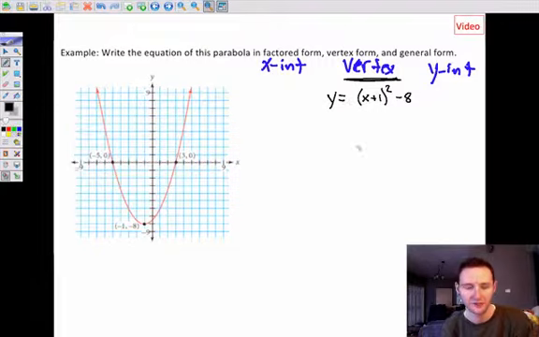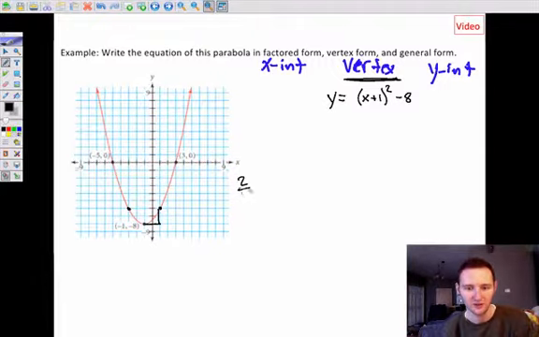A scale factor we can now figure out. Let's use this point right here. Looks pretty nice. And this one right here. So we've got a change in x of 2 and a change in y of 2. Normally over a change in x of 2 we get a change in y of 4.